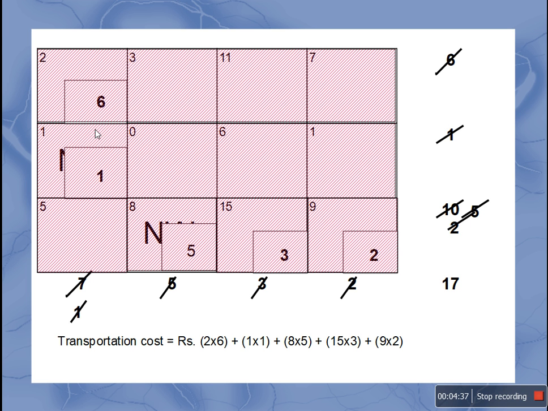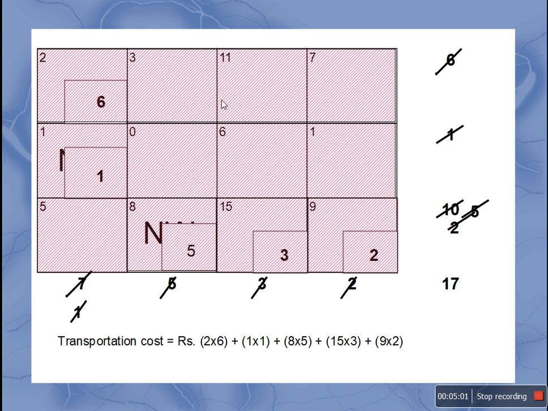After allocating this we have to verify whether we have allocated all the units. For this we have to check with rows and columns. For rows, we add all the allocations for a particular row, which sum up to the total supply of that row, and similarly for a column we add all the allocations, which sum up to the demand for that particular column.